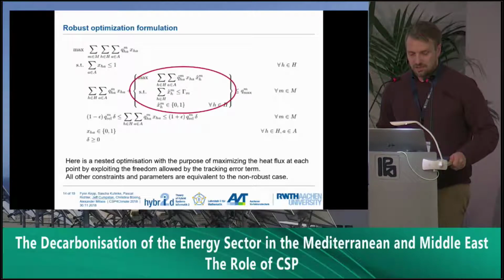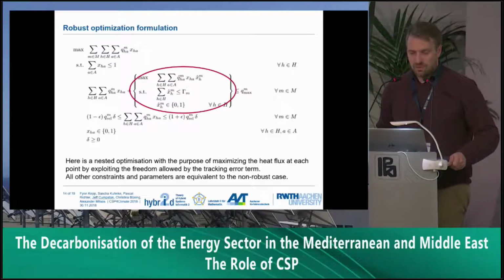And in this nested optimization, it actually maximizes the heat flux at each point. So that's actually imposing it such that it makes a peak of flux, which is exactly what we're trying to avoid. But what we're doing is we're simulating the worst case, all right?